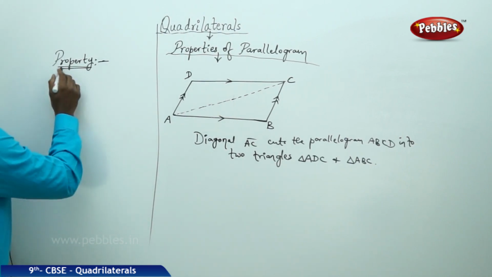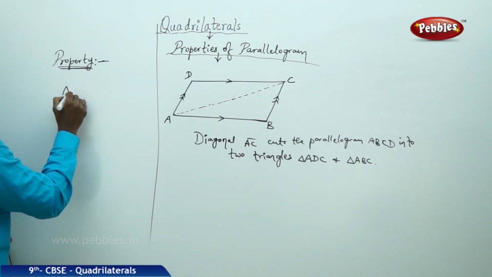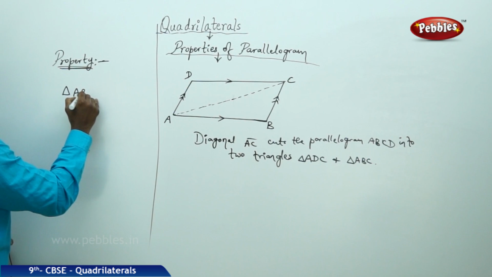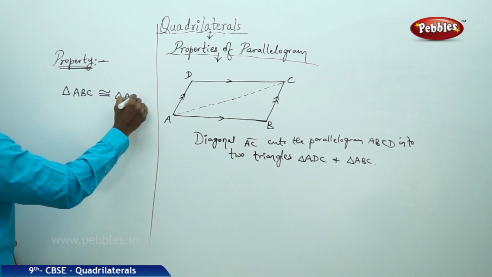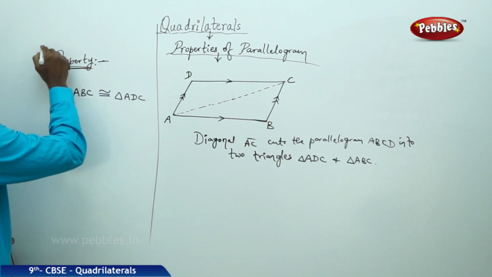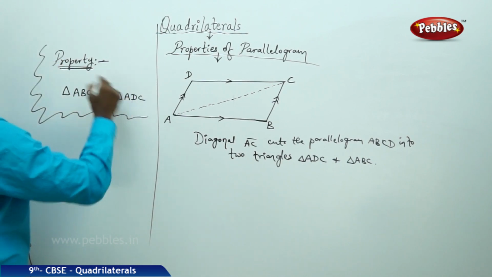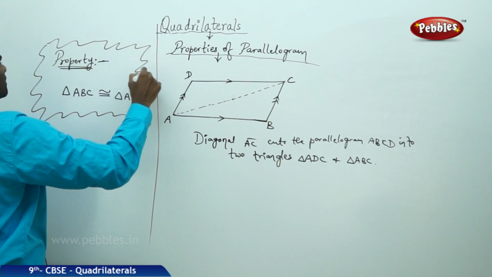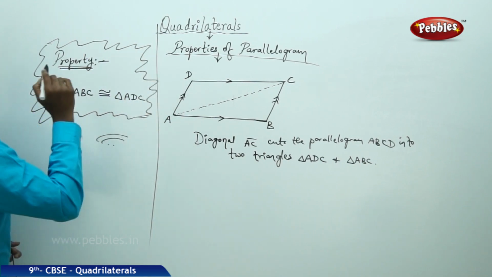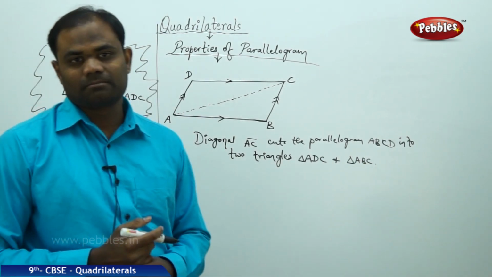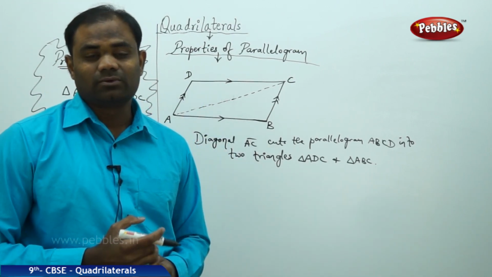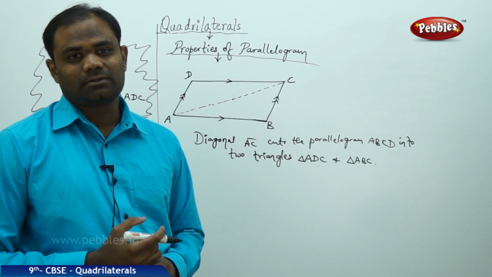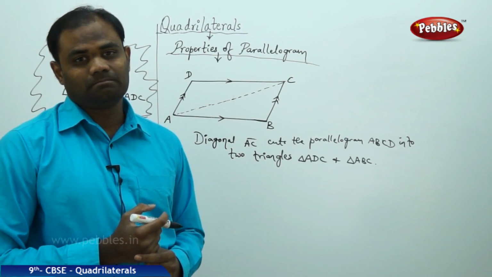That is, the property is triangle ABC is congruent to triangle ADC. When two triangles are formed by the diagonal, the two triangles are congruent, always in a parallelogram.